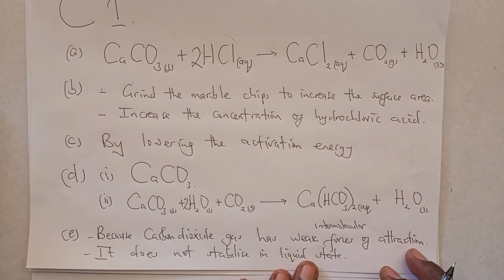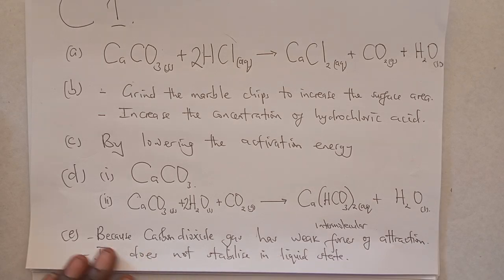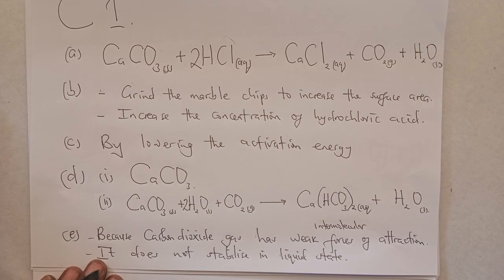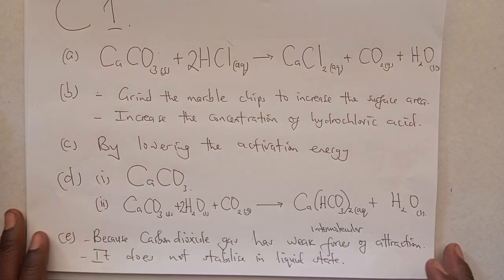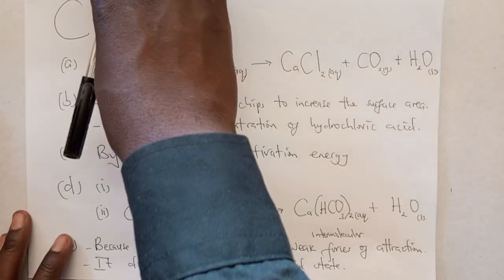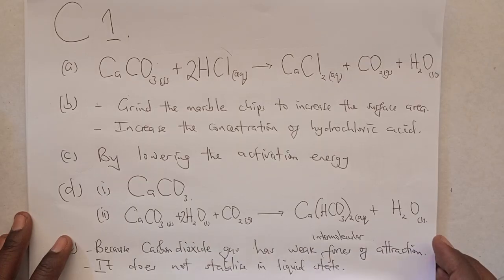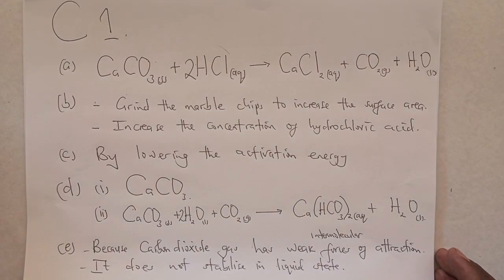It has weak intermolecular bonds or intermolecular forces of attraction. And then you can also say that it is not stable in a liquid state, and that's why it just changes directly from solid to gas. That is the reason.